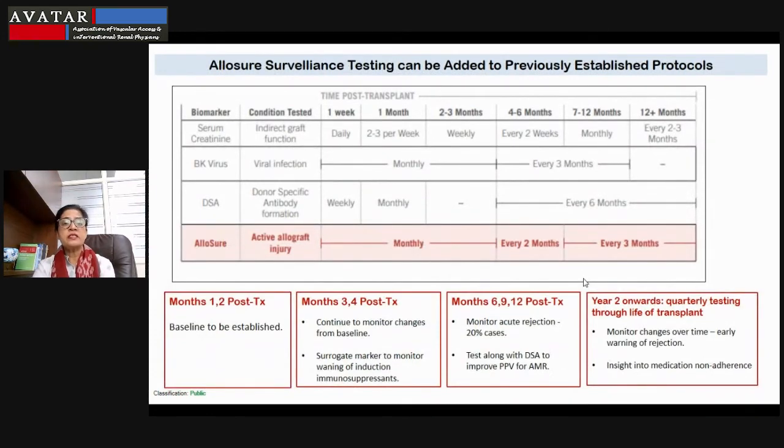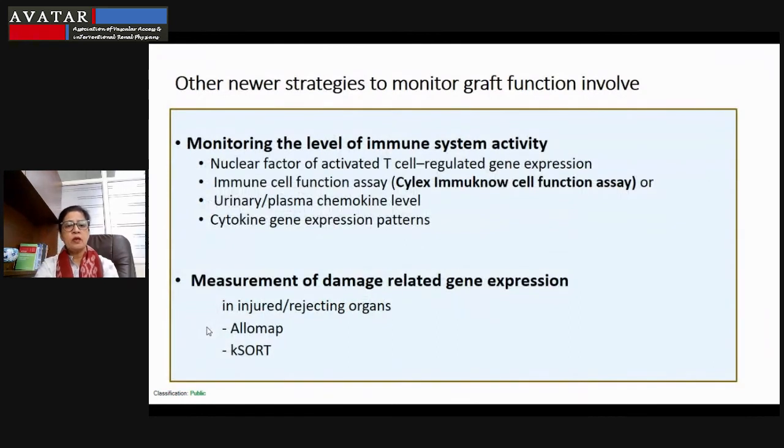The surveillance testing can also be added to previously established protocols to be linked with serum creatinine, BK virus markers, the DSA, and donor-derived cell-free DNA. Definitely, it is recommended to have a baseline value at 1 or 2 months post transplant and then to monitor and take it on from there at different time points.